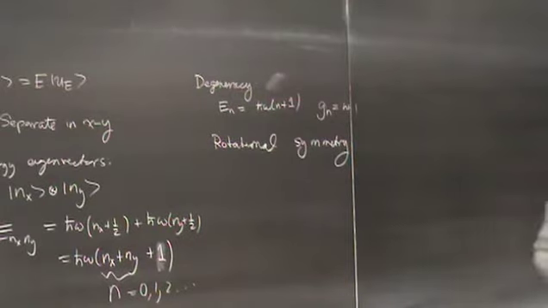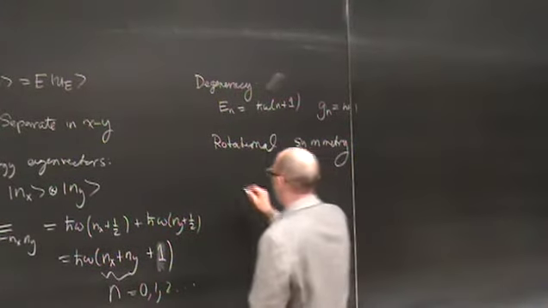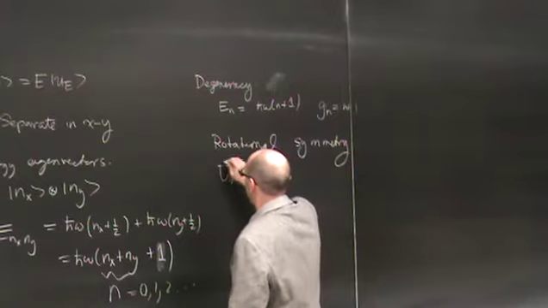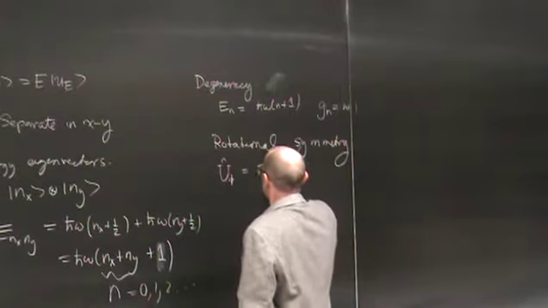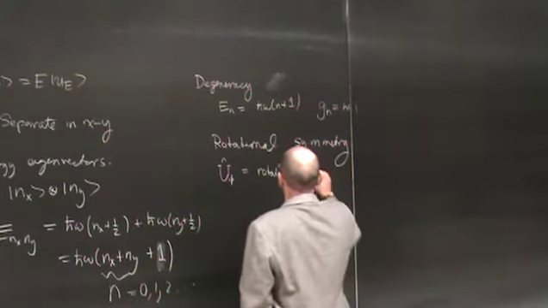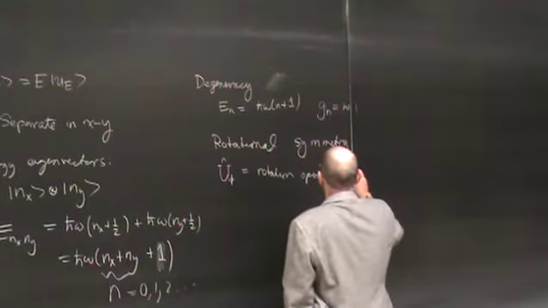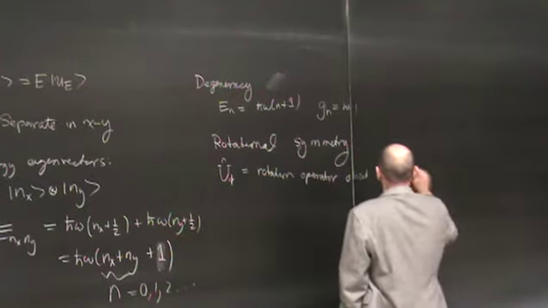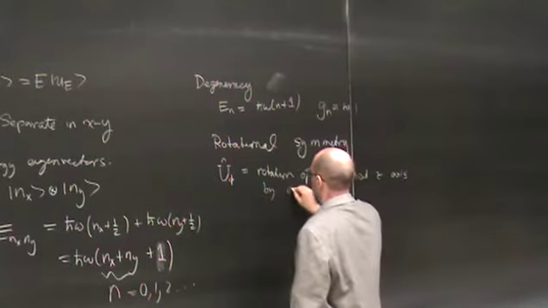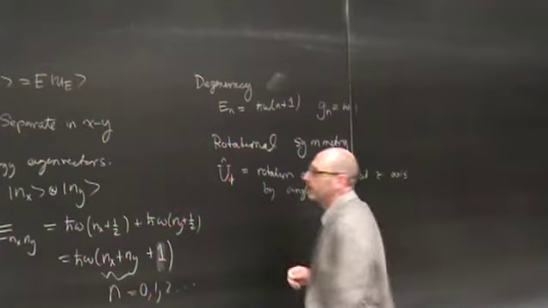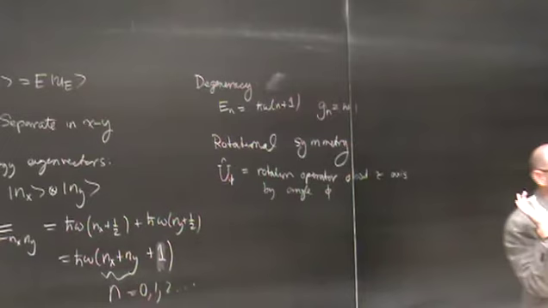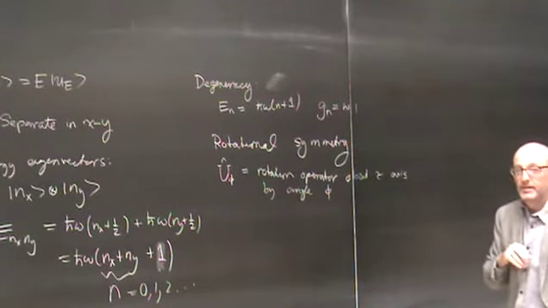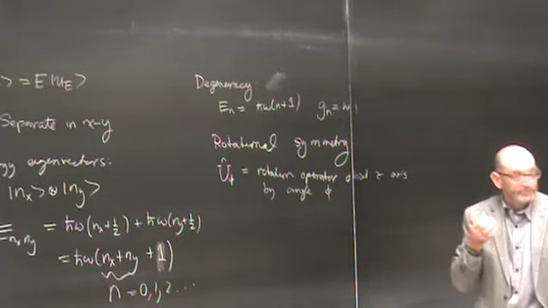Okay. The rotational symmetry is saying that the Hamiltonian, if I rotate this, let's say let U of phi equal the rotation operator, which we'll discuss in a moment, about the axis by angle phi. This is a rotation in real space, as opposed to the rotations in phase space that we were talking about. It's in 2D space.